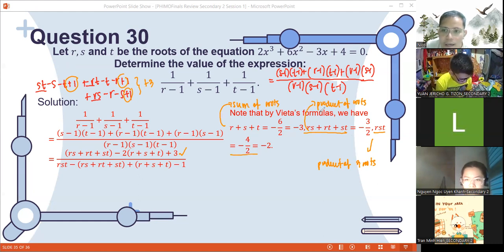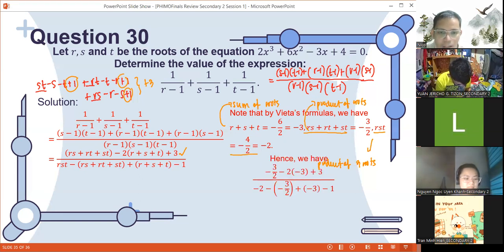Okay? So hence, we have what? We have negative 3 over 2 minus 2 times negative 3. Okay? Then plus 3. And then we have negative 2 minus 3, minus of negative 3 over 2, plus negative 3, minus 1. Okay?